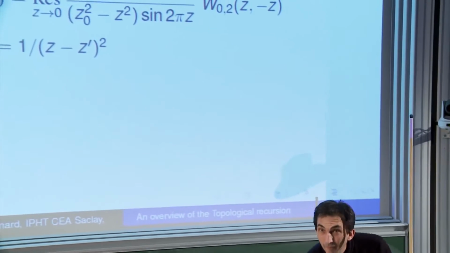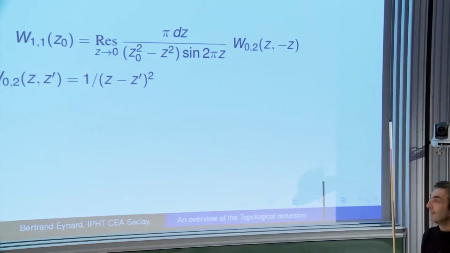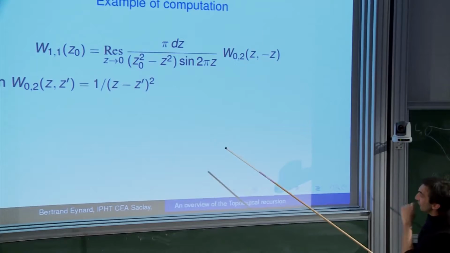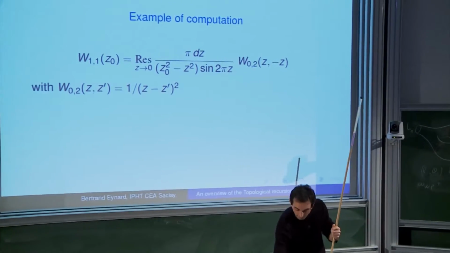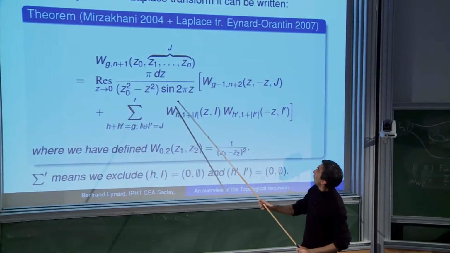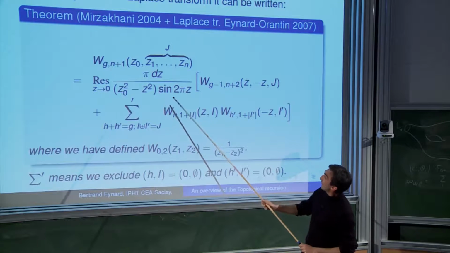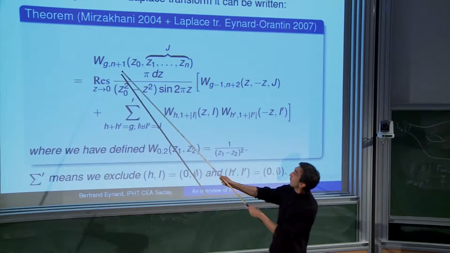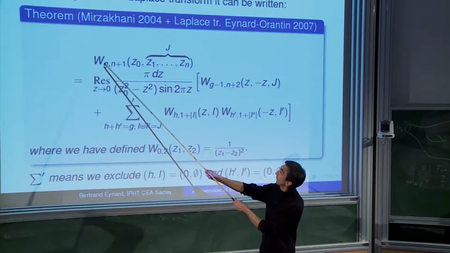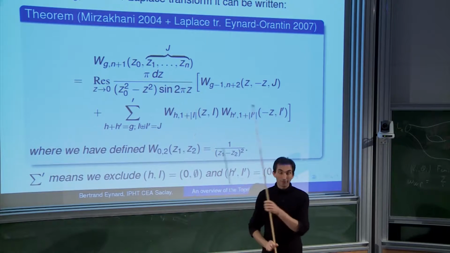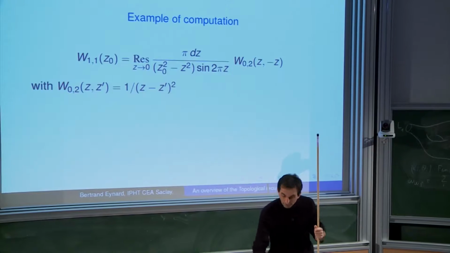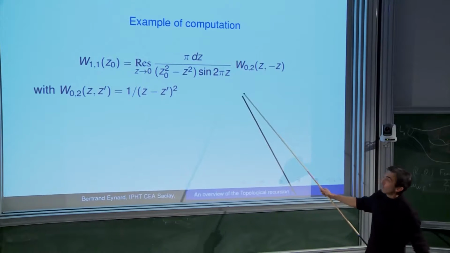Right. So let me show you how this equation works. Let's try to apply it when g equals 1, n equals 0. So let's compute W_{1,1}. It's just an example of computation. So I just rewrote the same equation.